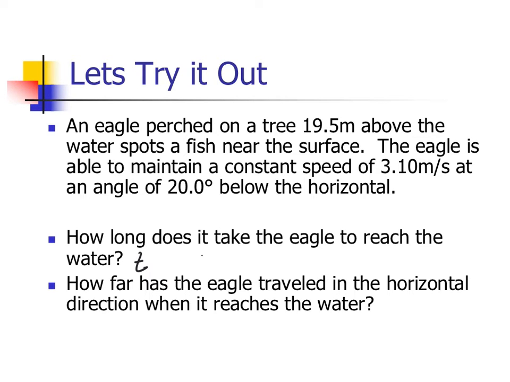How far has the eagle traveled in the horizontal? That would be, a lot of times you will see it as either your x or also written as d sub x. I've seen it written both ways in other reference materials. So I know it is sometimes frustrating in physics, like why can't they just have the same one?